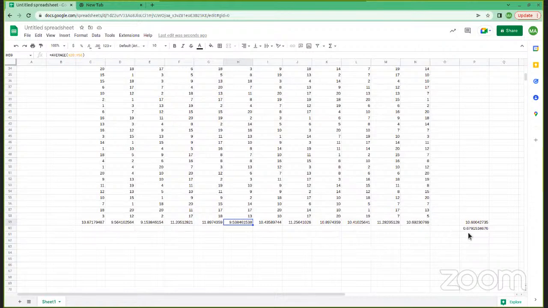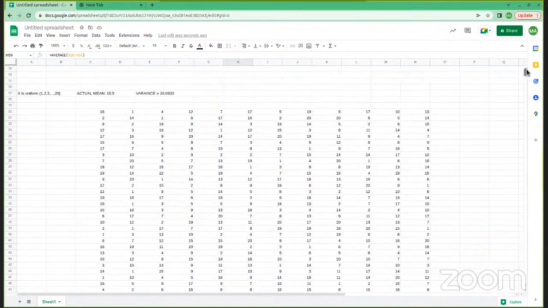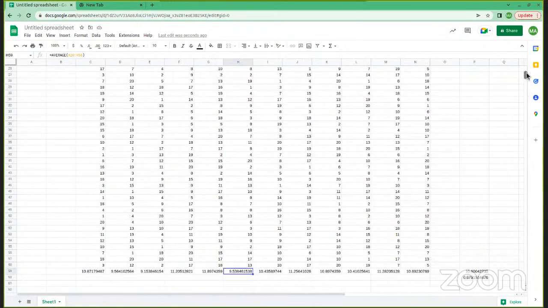So in order to show you that this variance will go to 0 as we keep on increasing the value of n, I took these many samplings of 35 samples each.